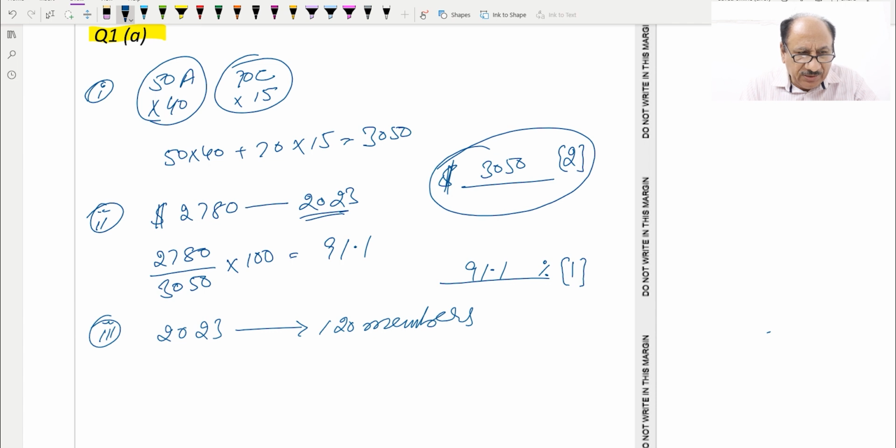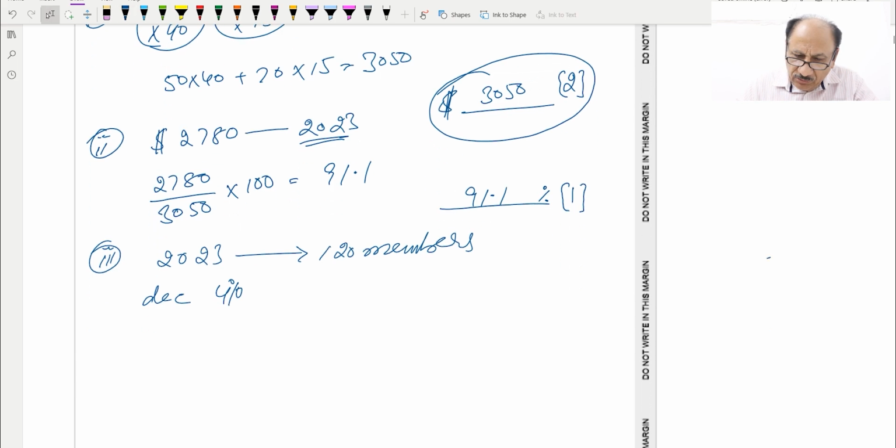This was a decrease by 4%. After the decrease, it is 120 members. Now we have to calculate the number of members in 2022.